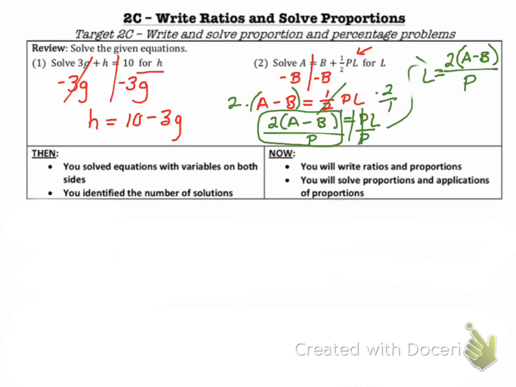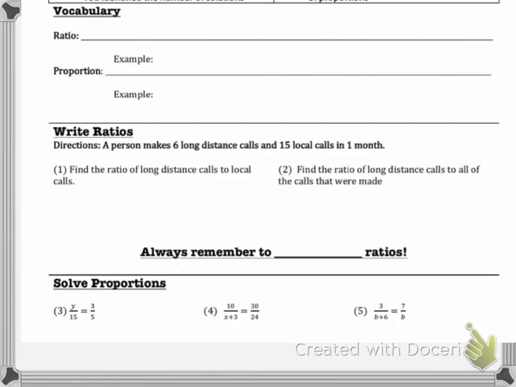So let's look at, well, what are ratios and how do we solve them? A ratio is simply a comparison of two numbers through division.